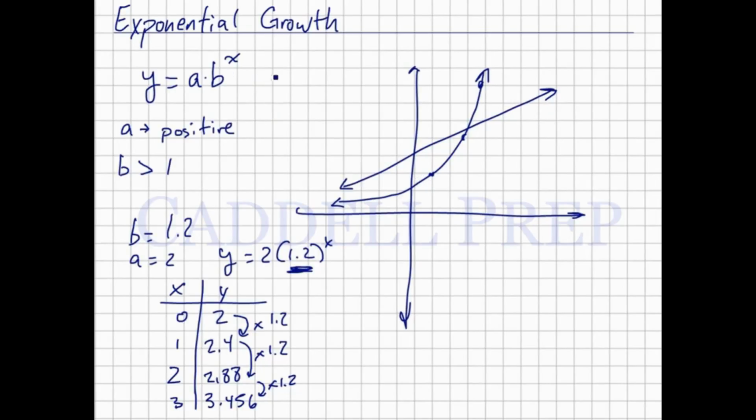So exponential growth first has to have an x in the exponent in order for it to be exponential. And for growth, it has to be a positive number greater than 1 that is raised to the x. So very important is that exponential growth grows by a factor.